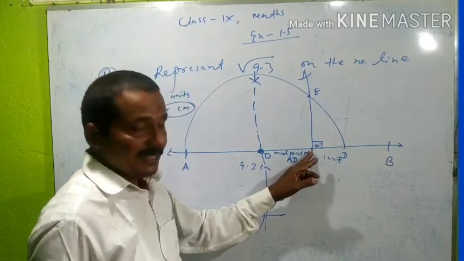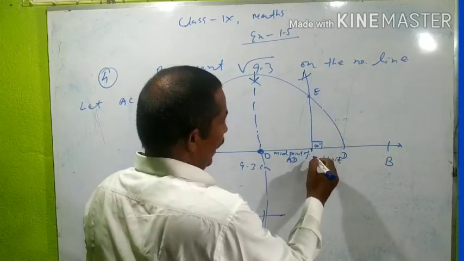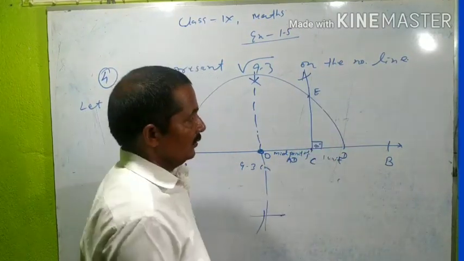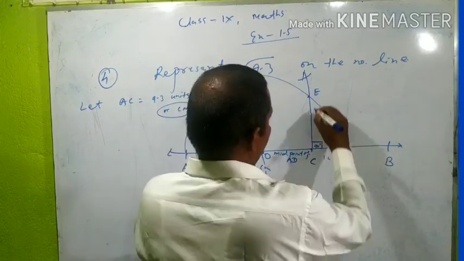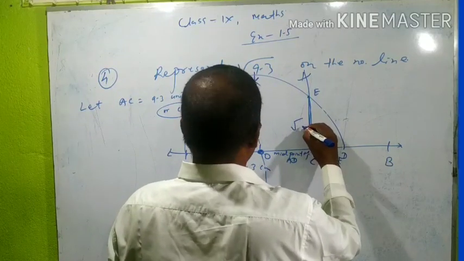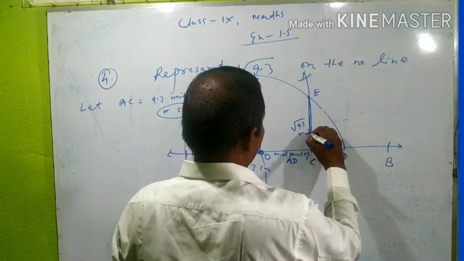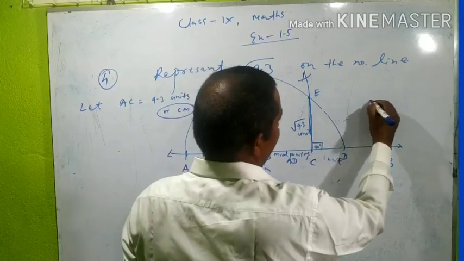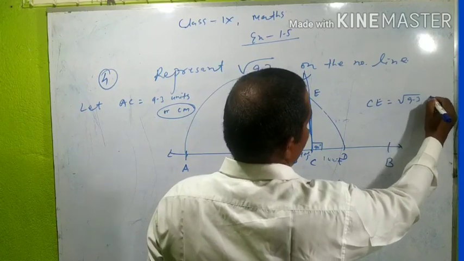Now with C as center and CE as radius, you will draw an arc now. Really this part is under root 9.3 units. Look here, this one means CE is equal to under root 9.3 units.